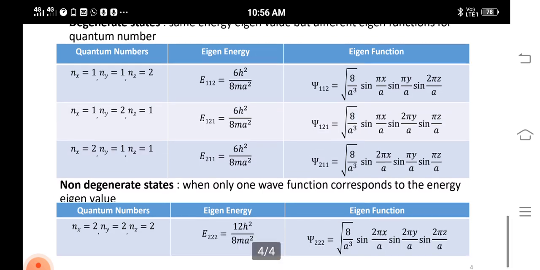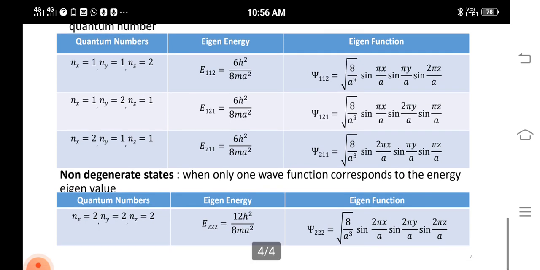When we go to the non-degenerate state, there is only one wave function corresponding to the energy eigenvalue. That is, if we take nx is 1, ny is 1 and nz is also 1, then we get E111 equal to 6 h squared divided by 8 m a squared.